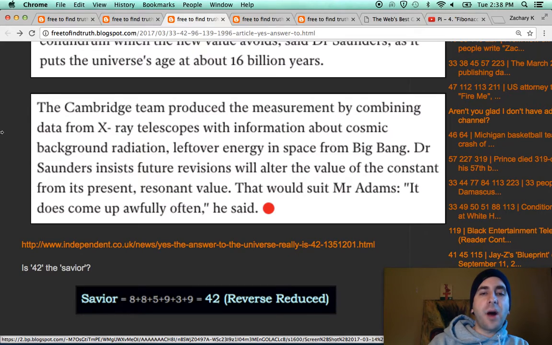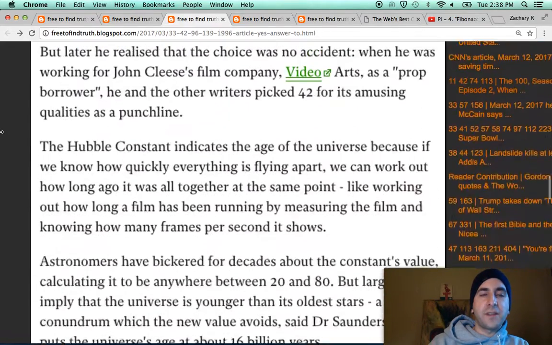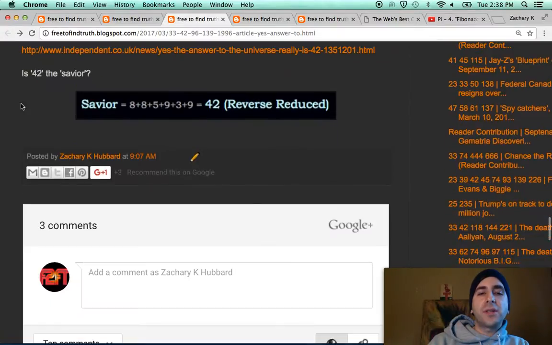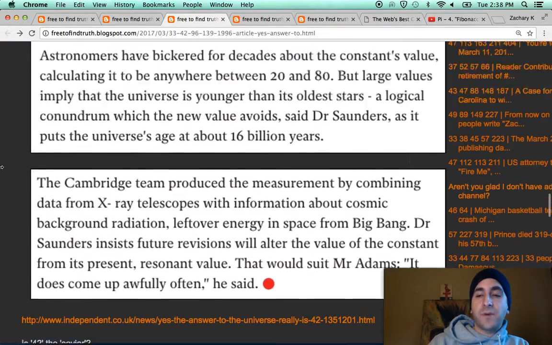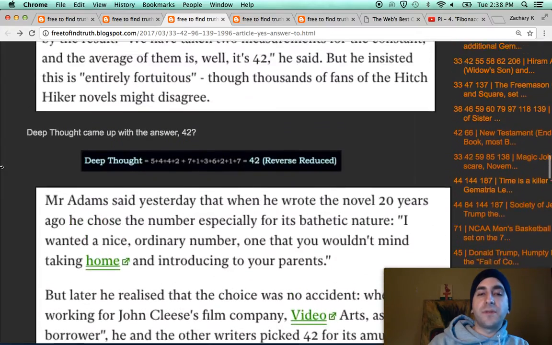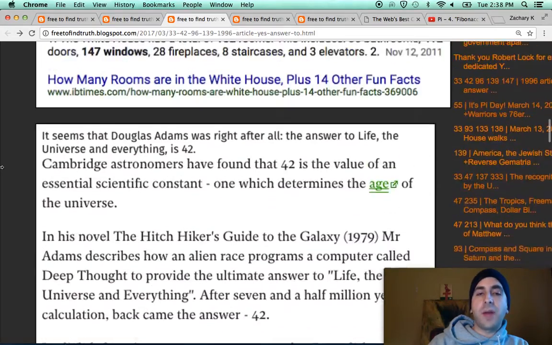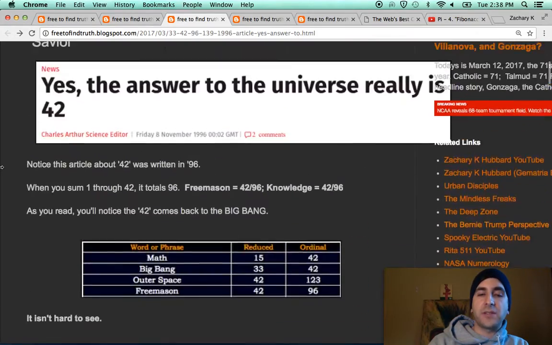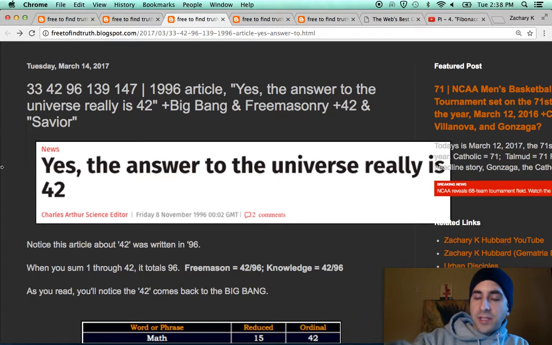It does come up awfully often, he said. So you might have noticed the word Savior has gematria 42, New Testament equals 42, the first published Bibles, 42-line Bibles. It begins with the 42 generations to Jesus. That's all part of this greater 42 coding, which comes back to Freemasonry, the people who pride themselves on being the invisible architects of this world we live in.